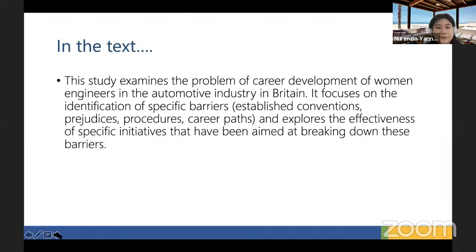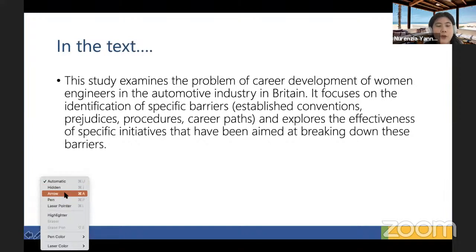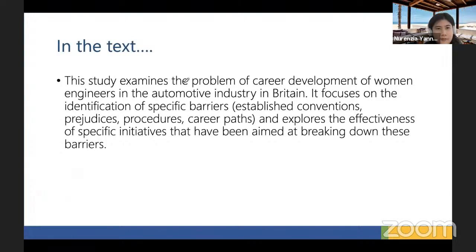Ya, jadi tujuan-tujuan penelitian atau pertanyaan-pertanyaan yang dibahas dalam penelitian itu dituangkan dalam satu paragraf yang sangat efisien ini ya. Jadi tujuannya, examines the problem of career development of women. Kemudian yang dilihat adalah identification of specific barriers dan effectiveness of specific initiatives. Gitu ya.